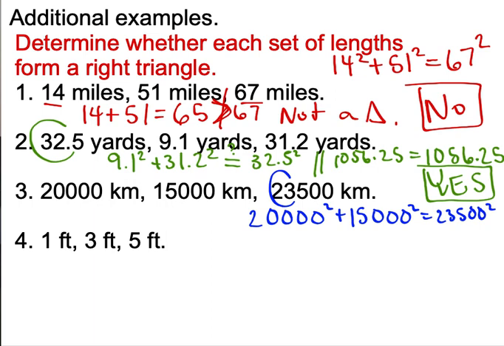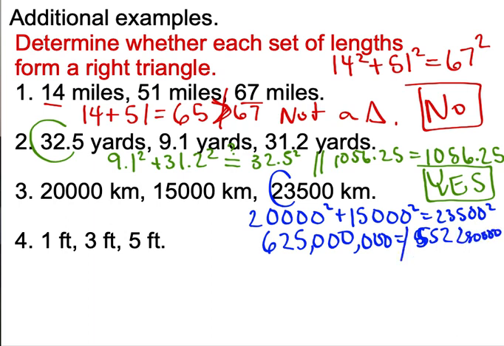Now, if we do these, the 20,000 squared plus 15,000 squared ends up being 625 million. And 23,500 squared ends up being 552 million, 250,000. Well, those are not equal, so this is not a right triangle.